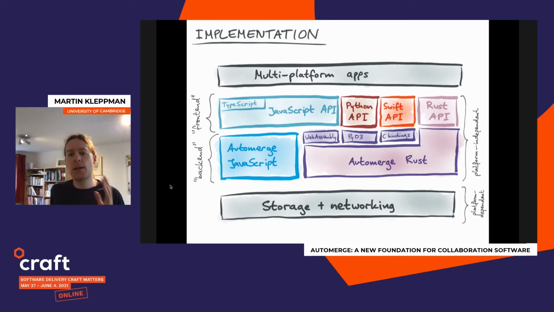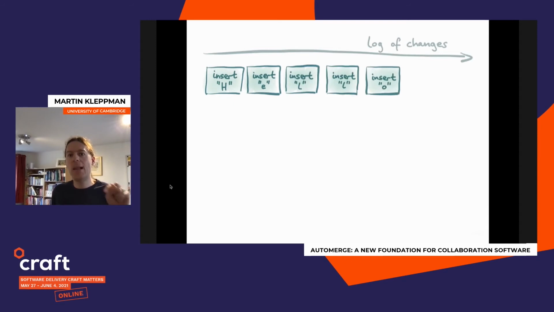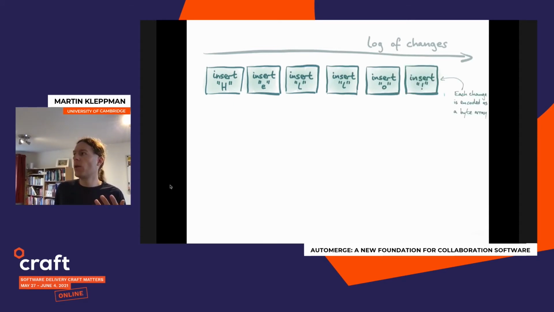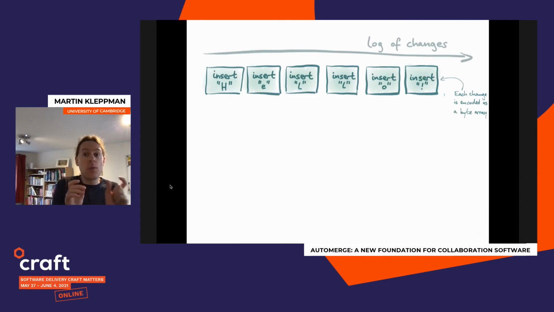Let me say a little bit about how the storage works. Because as you're editing a document, so let's say you're typing a text document and you're typing hello one letter at a time, you can imagine that this becomes quite a long list of updates fairly quickly. And if we just store each of these keystrokes individually, this can get quite large.